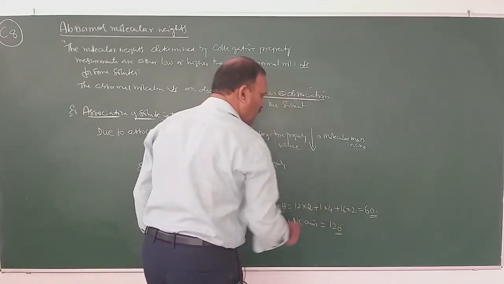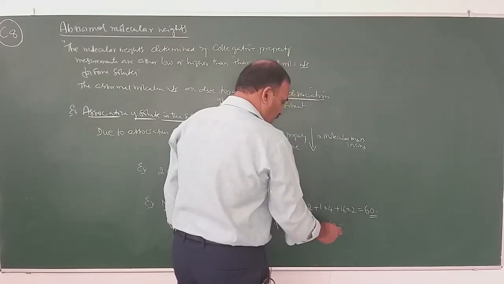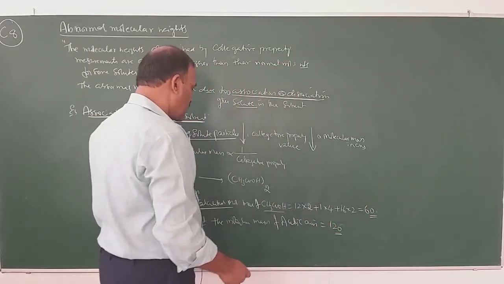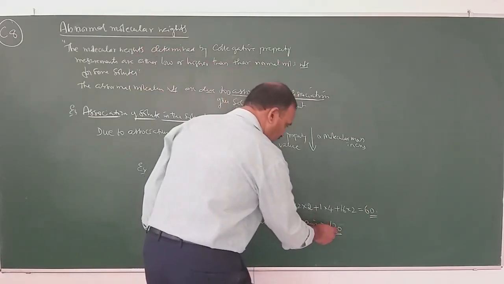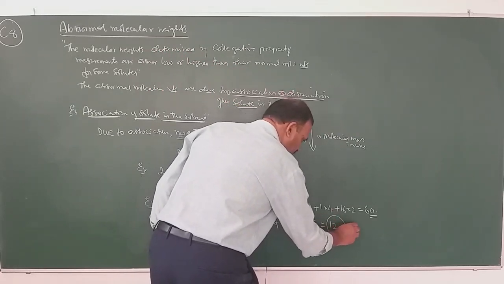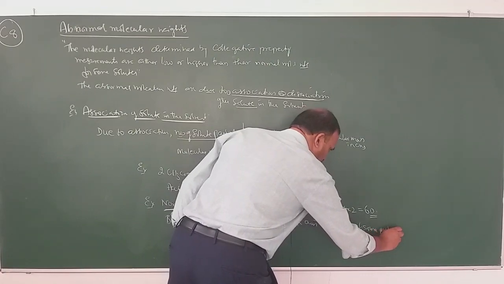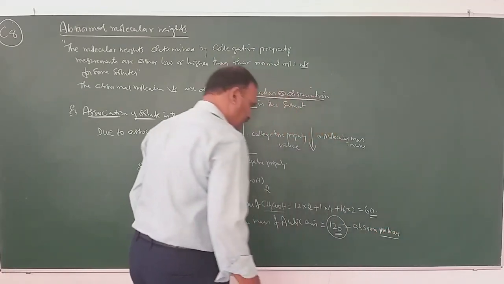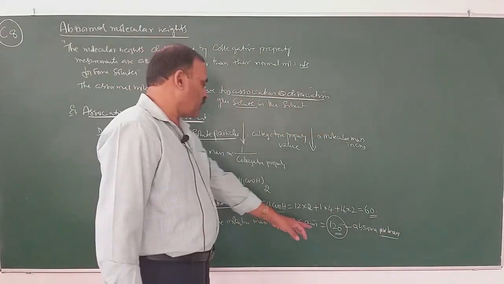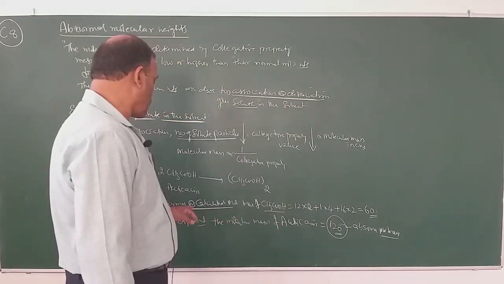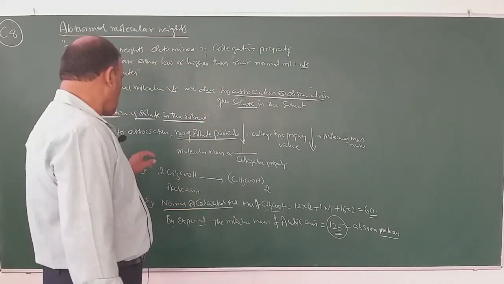Its normal molecular mass is 60, and its molecular mass determined by experiment is 120. Here 120 is called the abnormal molecular mass of acetic acid. This abnormal molecular weight is due to association.